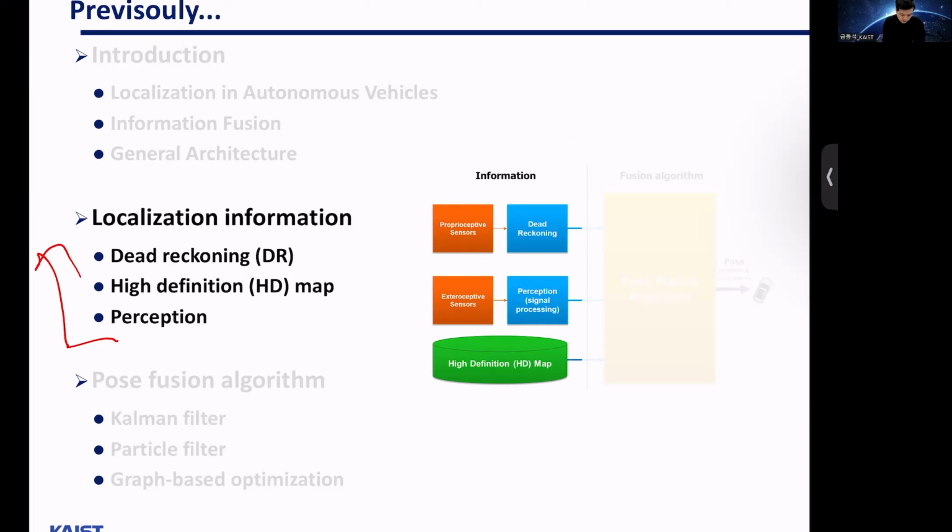We talked about dead reckoning, we talked about HD map, we talked about perception, and we're going to learn to use that information. We're going to learn pose fusion algorithms from now on.